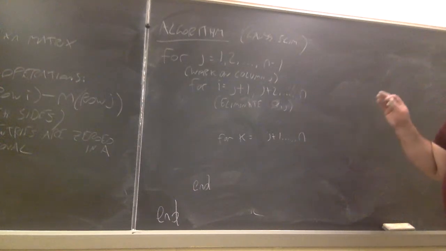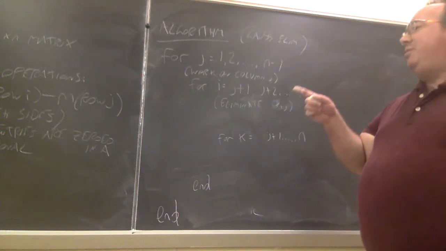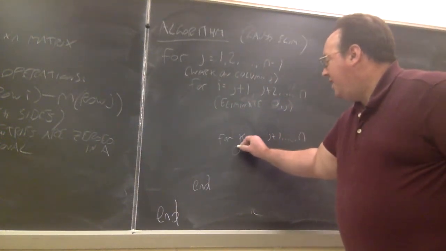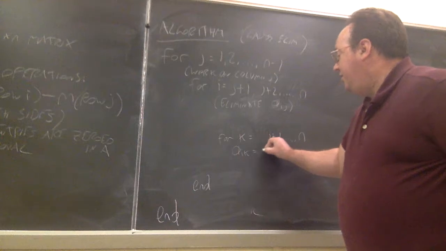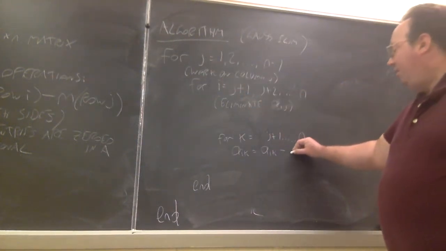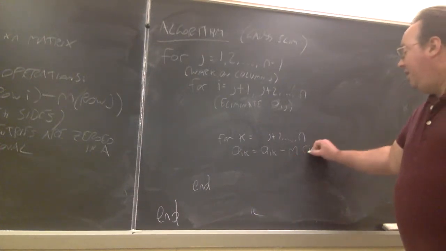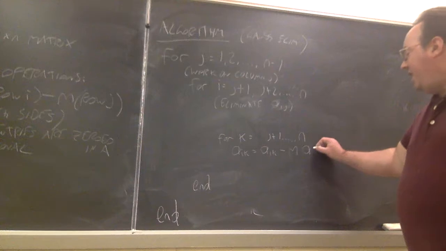So how I will do this, I want what I have over there. Row i equals itself. So a_ik is equal to itself minus a multiplier, which I have yet to figure out, times a_jk.